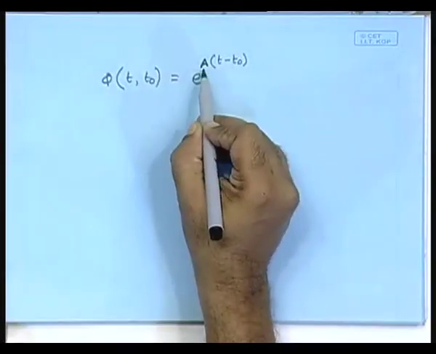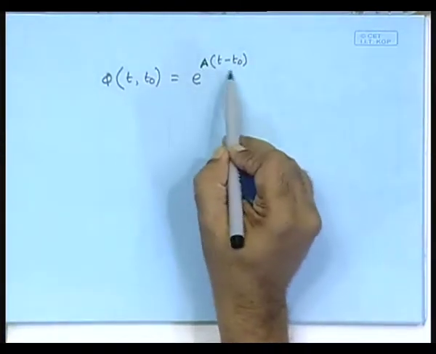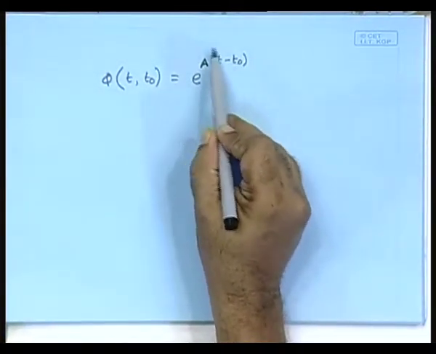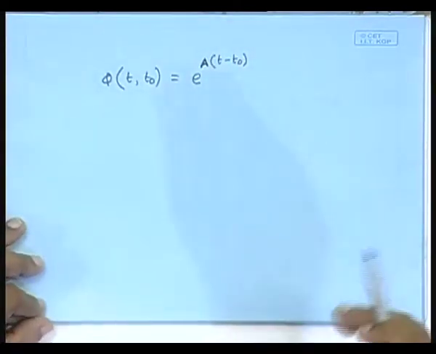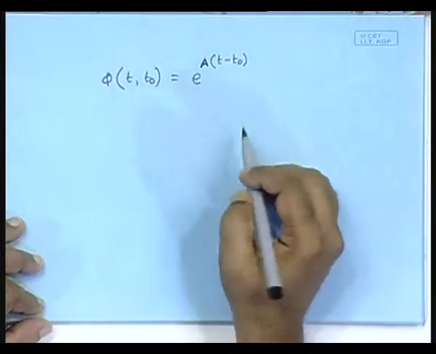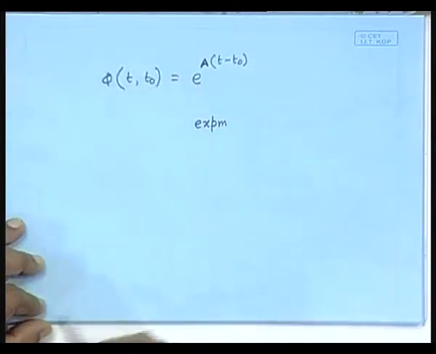Essentially, we handle the matrix exponential in the same way as a binomial expansion. If you know the elements of the matrix A, and if you know the starting time and the ending time, then you can evaluate this just as a number. In MATLAB, this matrix exponential evaluation is given by the expm function.